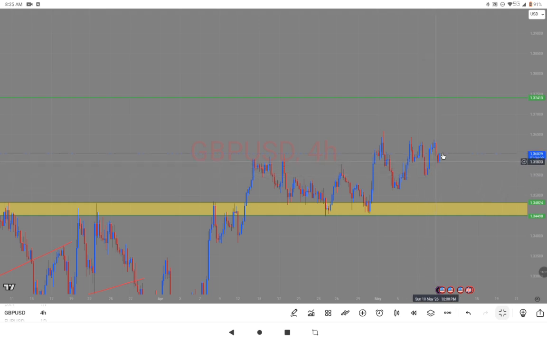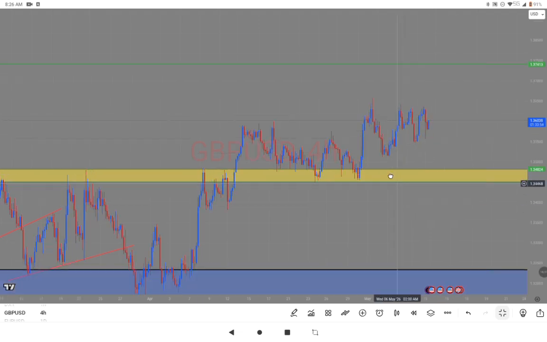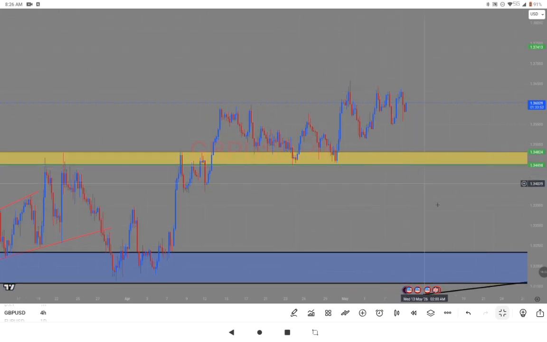So if we eventually come back down and break the neckline, that means we are coming back down to this yellow zone, and from then we can decide if the market is going to continue dumping to the downside.